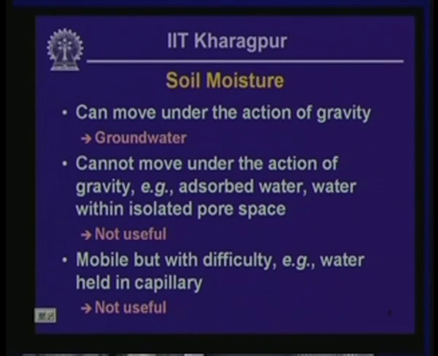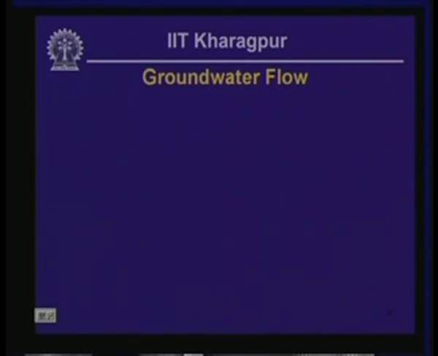And there is another portion of soil moisture that is relatively mobile, but held under strong capillary tension. These last two components are not useful and therefore should not be considered as part of groundwater.